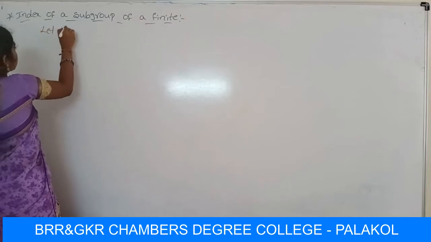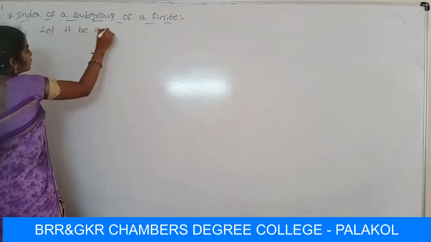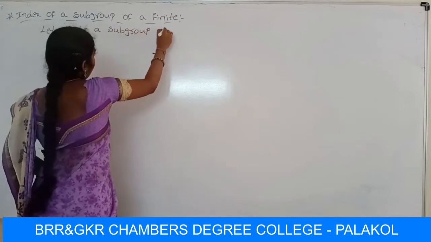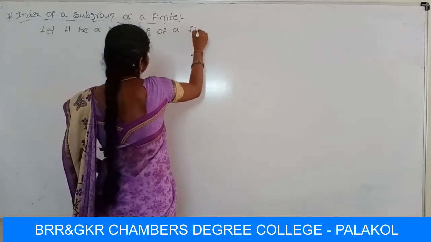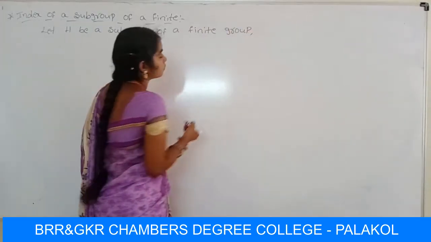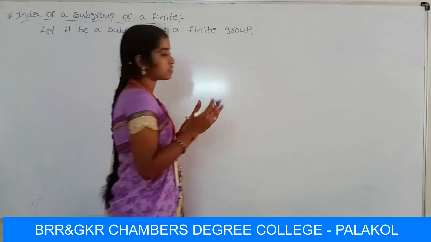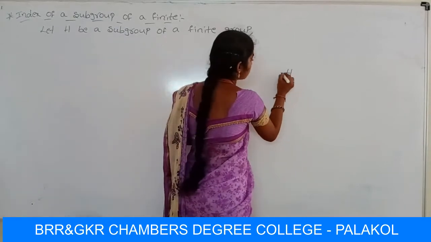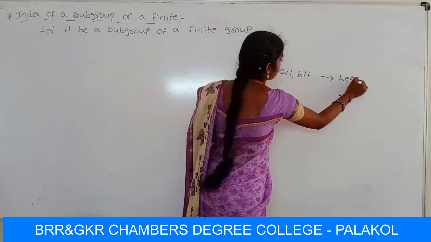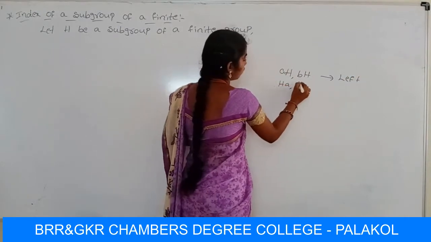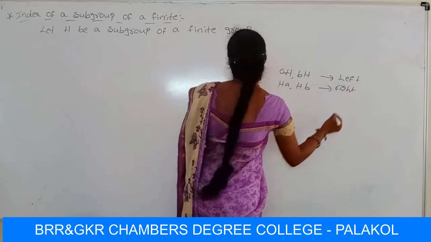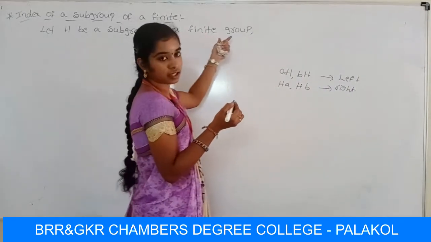Then consider the number of left cosets and right cosets. Left cosets means aH, bH, and so on are called left cosets. Right cosets means Ha, Hb, and so on are called right cosets. H is a subgroup of a finite group.